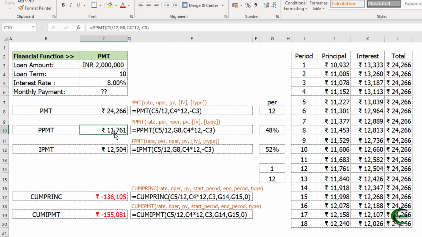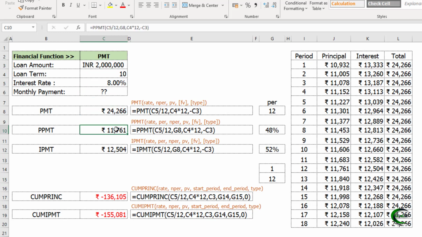Here I have used PPMT. First argument is rate, so this is the annual rate, so I have divided it by 12 for arriving at the monthly interest rate. Next is nper, the number of periods; as it is in years, I have multiplied it by 12, and then PV.